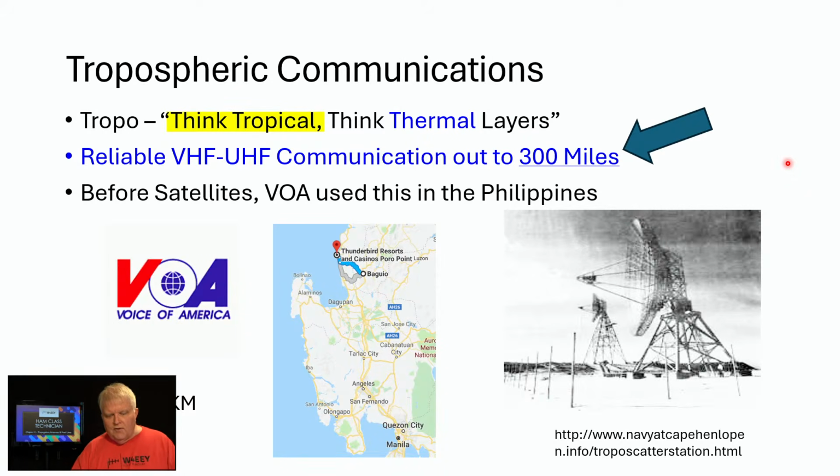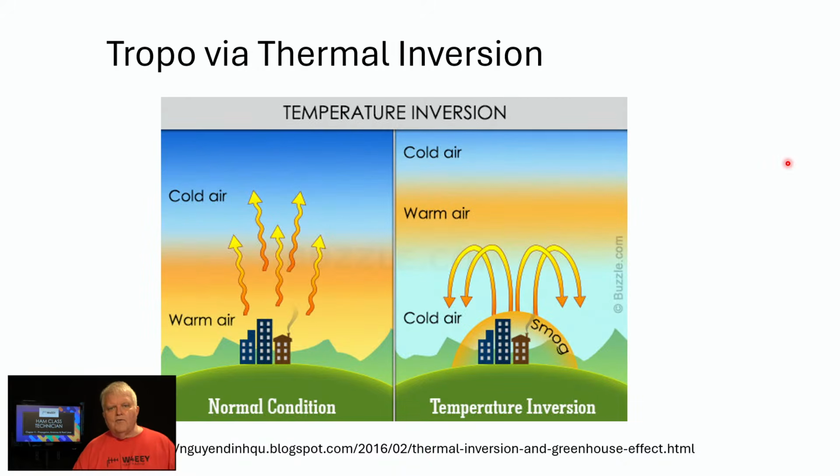Again, we're opportunists because sometimes tropical ducts will come and go. Tropical ducting, well, this is the normal thermal composition of the atmosphere, with warm air down at the bottom and cold air the higher you go. But sometimes there are thermal inversions where you have cold air at the bottom, warm air in the middle, and then cold air up above.